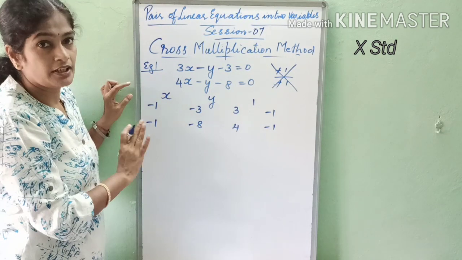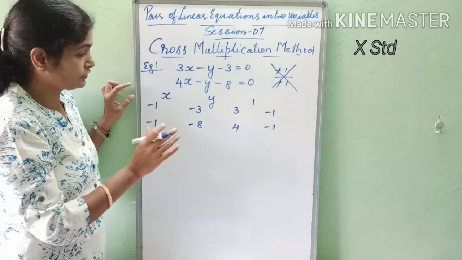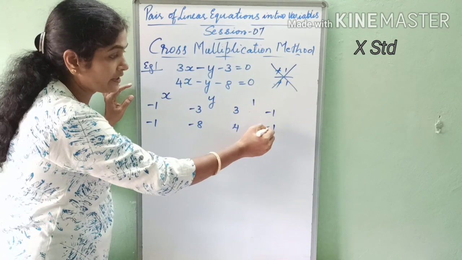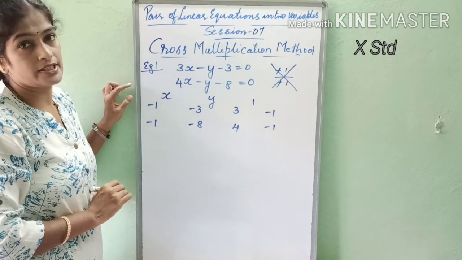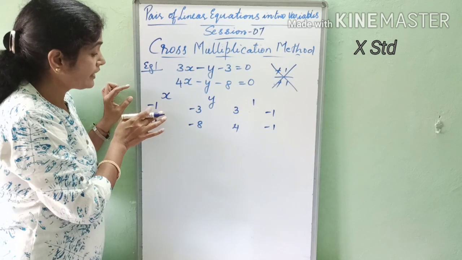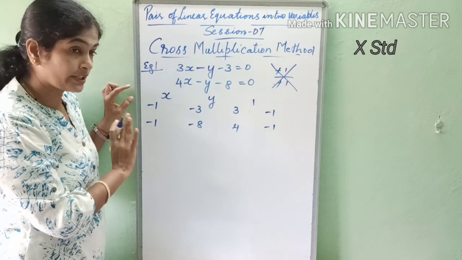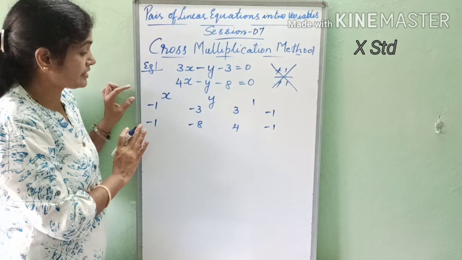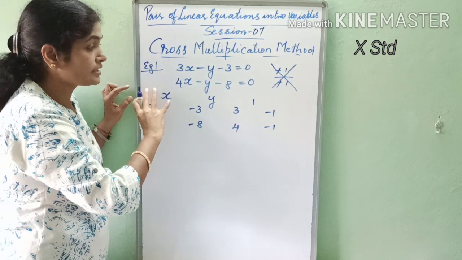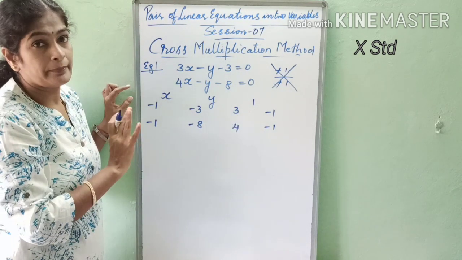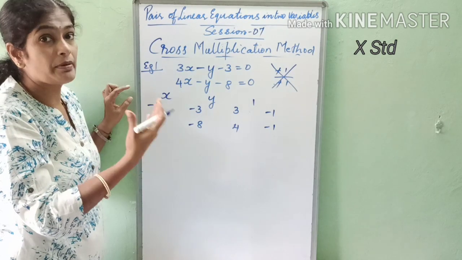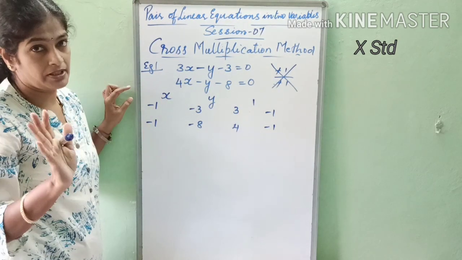They are not fractions. Be very careful of that. Don't try to simplify or cancel these signs, because we have not written them as fractions, and it is not correct also. It is only a diagrammatic way of representing, or trying to remember how to do the cross multiplication method.